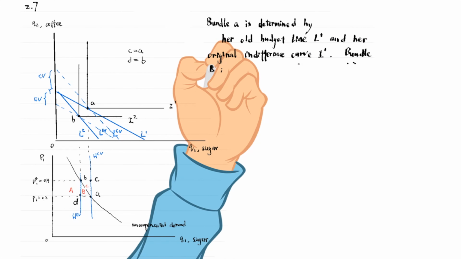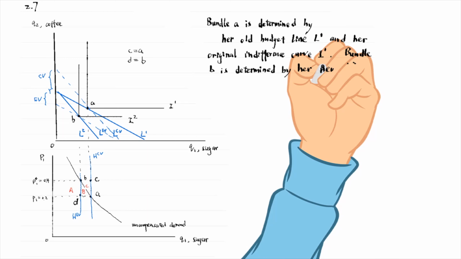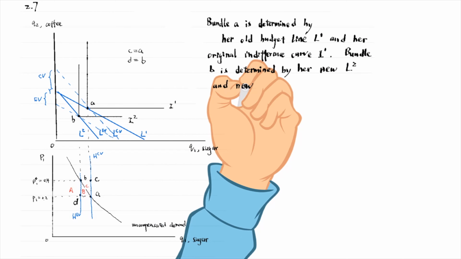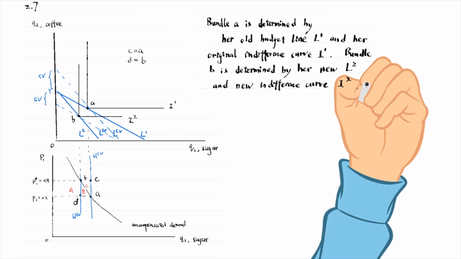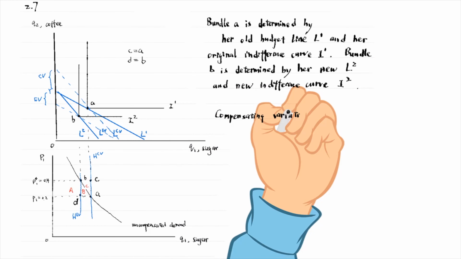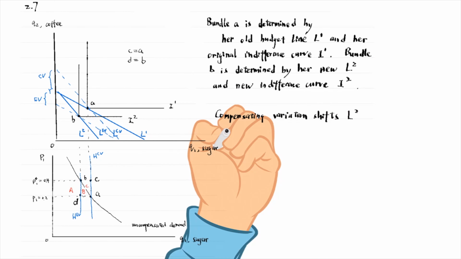Bundle B is determined by her new budget line L2 and the new indifference curve that touches L2. Compensating variation is the amount of money that should be given to the consumer to make her enjoy the original utility. It shifts L2 upward until it touches I1.